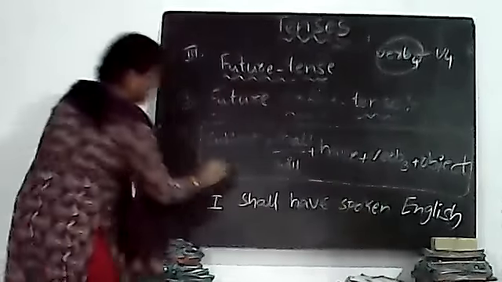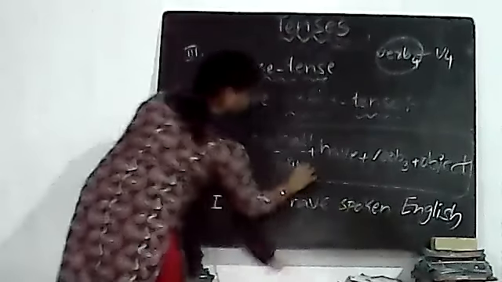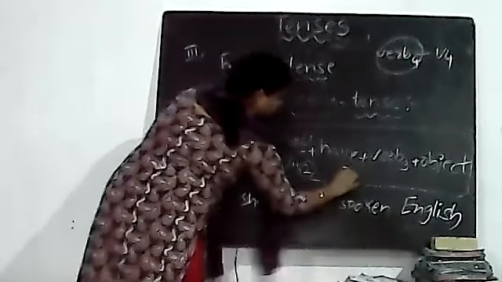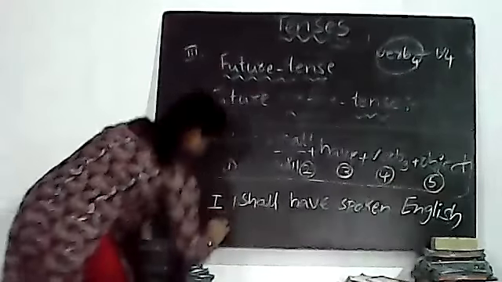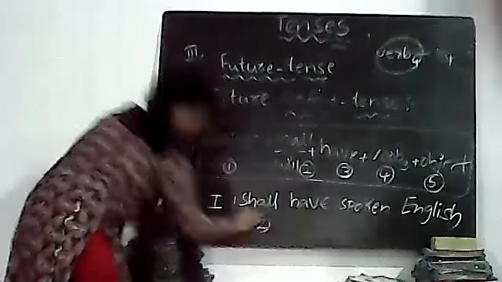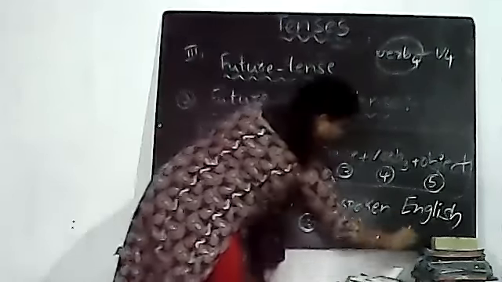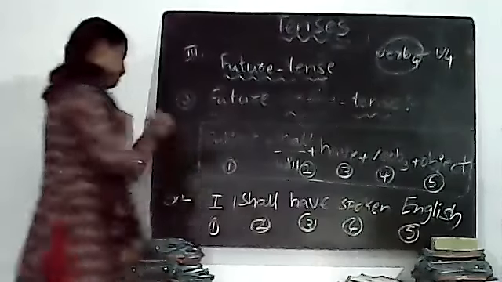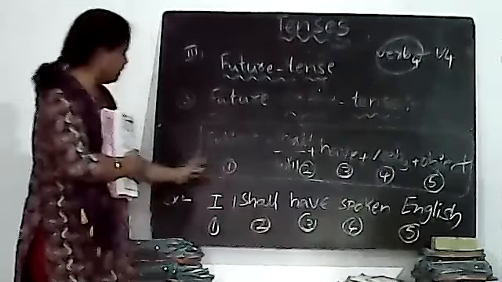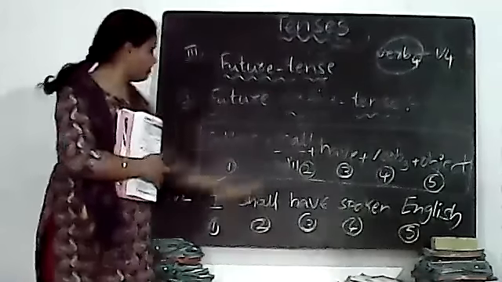So again I divide the structure into parts: first part, second part, third part, fourth part, fifth part. This way we can understand it very easily by dividing it into parts.